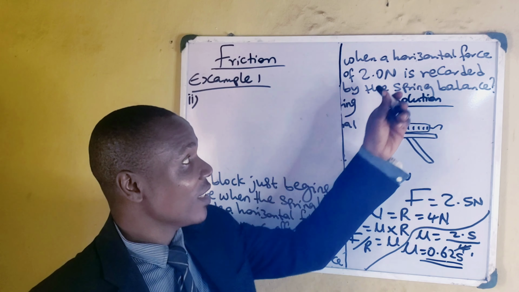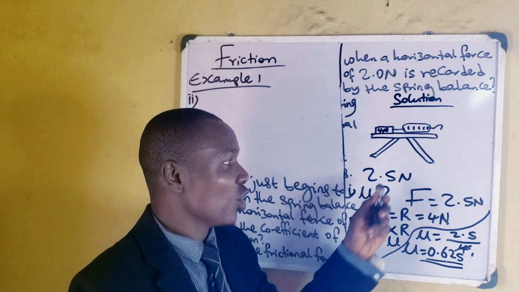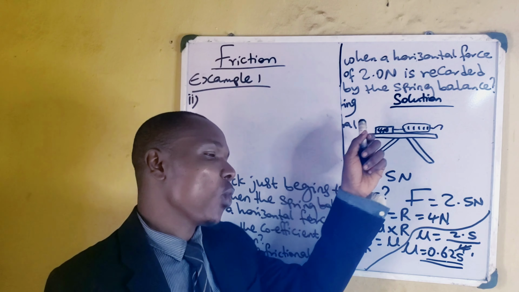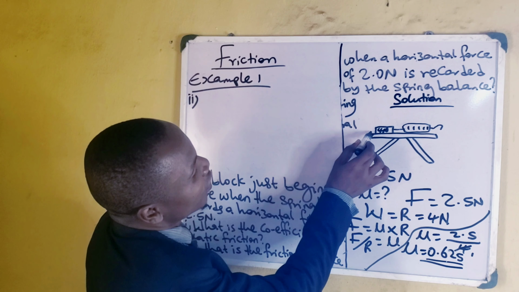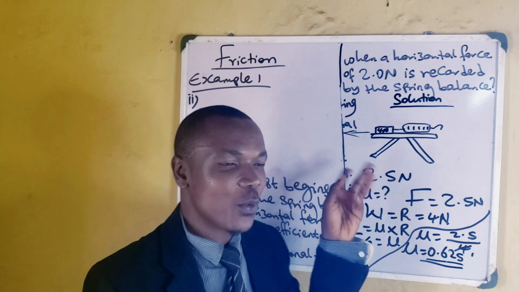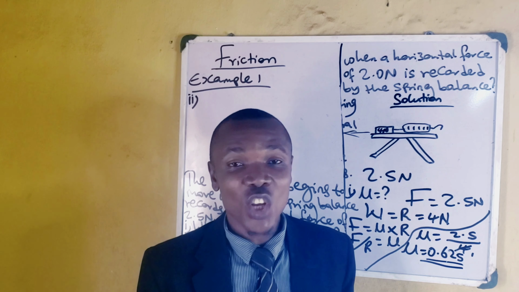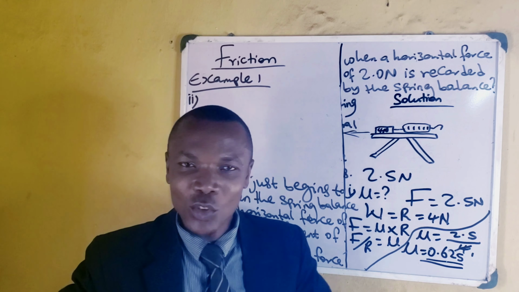So when this recorded 2.0, it is not up to this. That means this object will also, in this direction, supply the same 2.0. That means the frictional force here should be 2.0, because it's not going to move. It's going to supply it back in order to balance it.